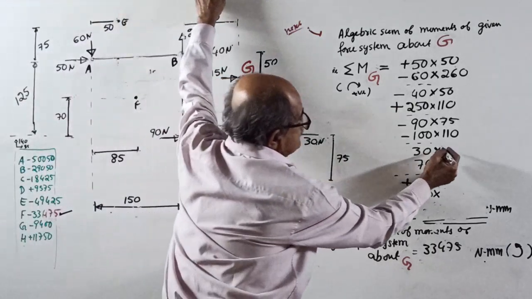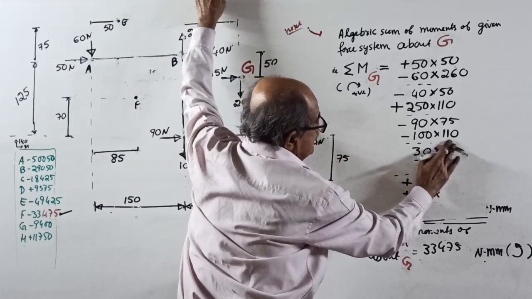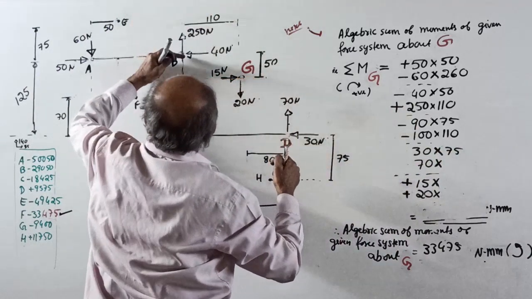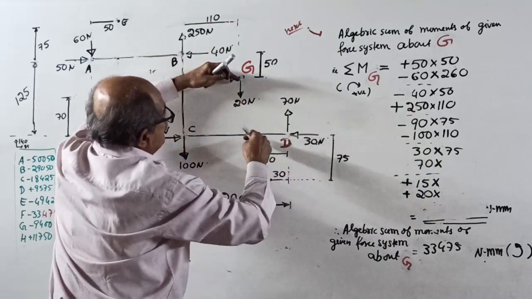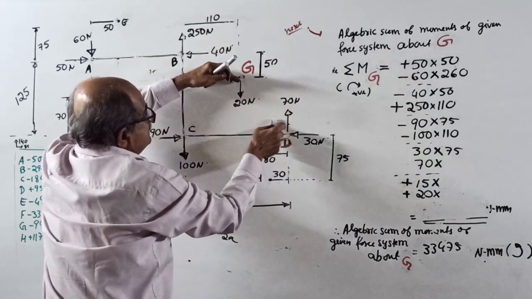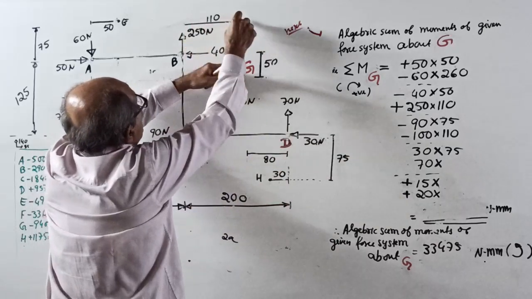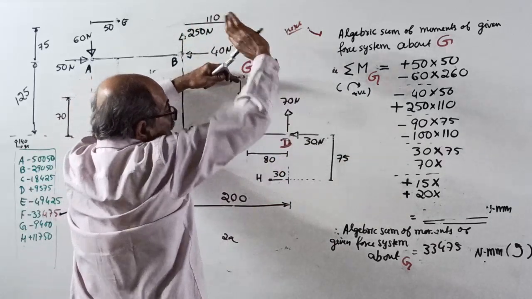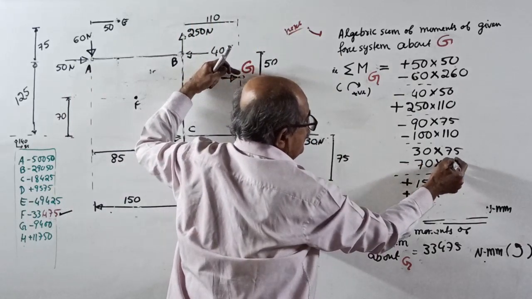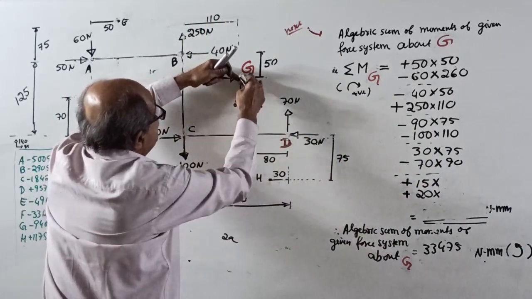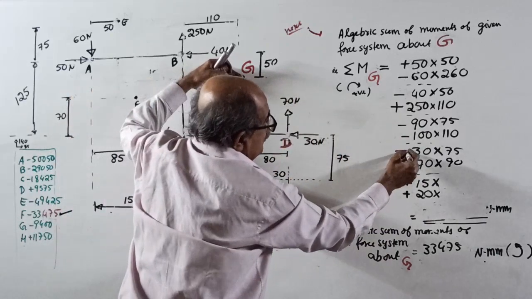You should write 75. About this point G, 1300. 70 into this distance: from 200, subtract 110, it is 90, minus 70 into 90. Oh, sorry, I forgot. 30 into this distance is clockwise. See, I forgot to put the sign there.